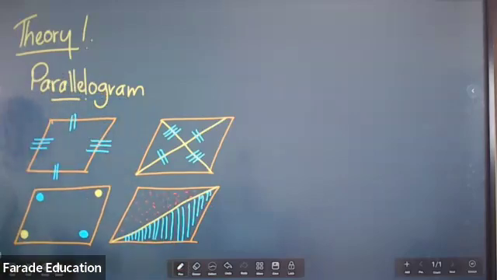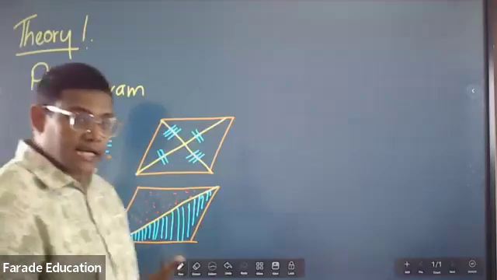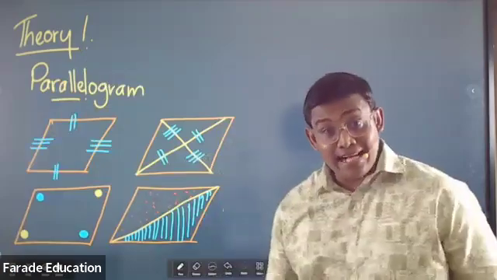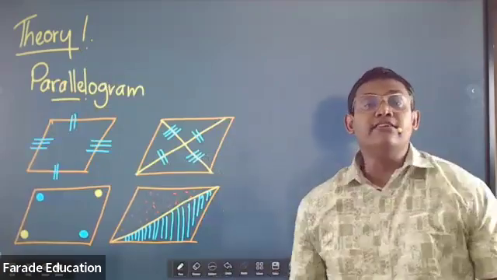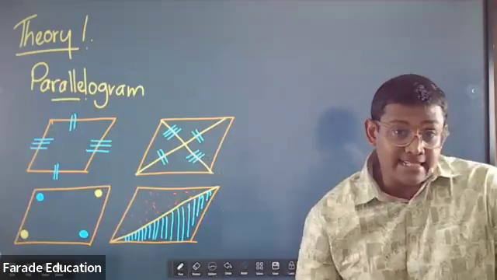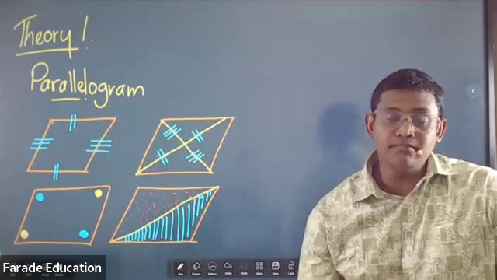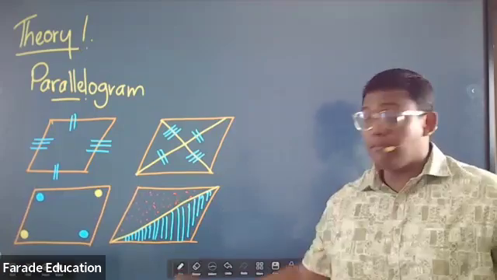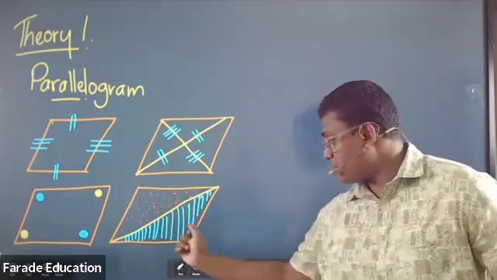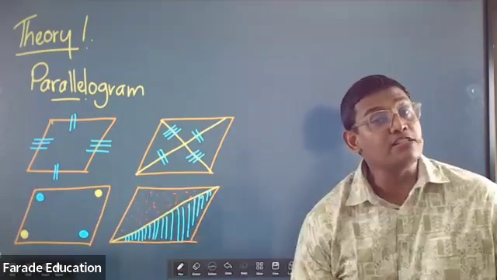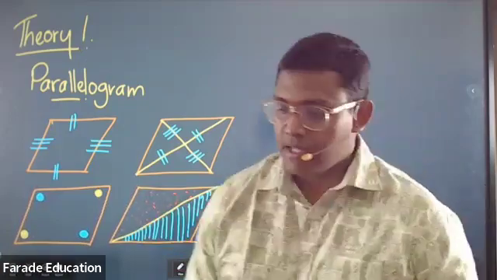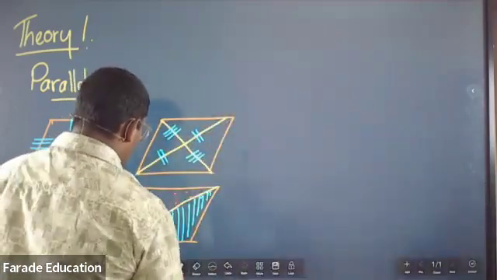The first one is the opposite sides are equal, the second is the opposite angles are equal, the third is the diagonals bisect each other, and the fourth is the diagonal bisects the area. That means this piece of triangle is equal to the other piece of triangle. Those are the four. And there is a foremost important thing.